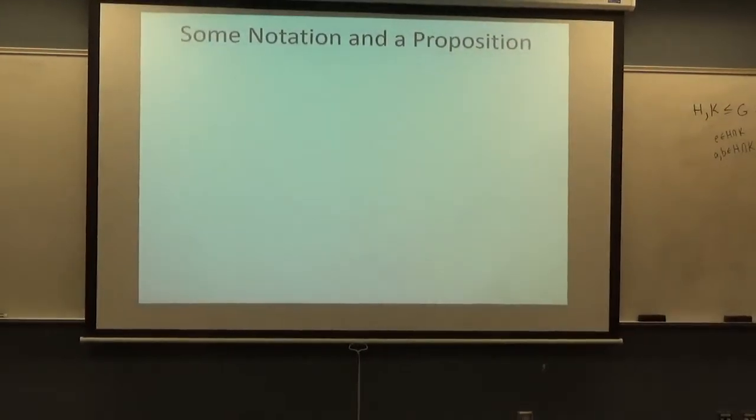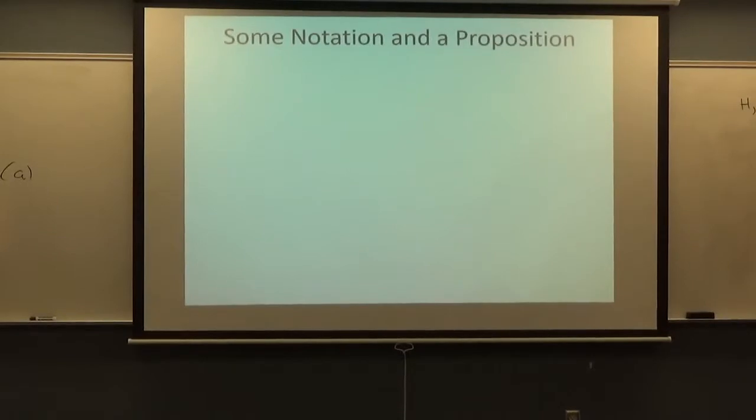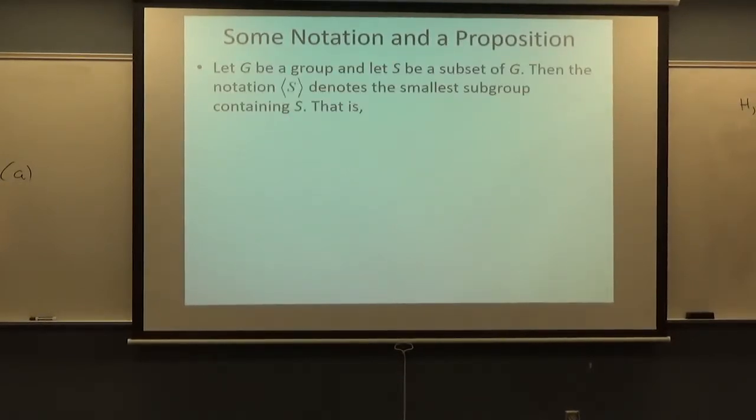I want to quickly go over the next slide, even though it's kind of complicated. We'll come back to it. Given a group G and an arbitrary subset S of G, the notation where you put pointy brackets around the subset, that's not an element, that's a subset.